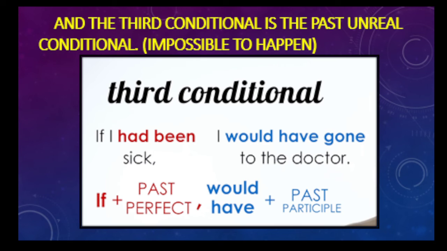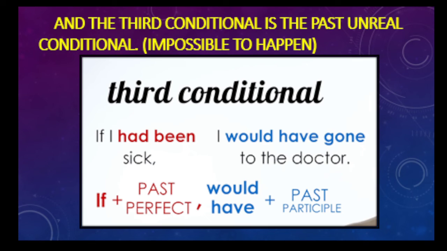Earlier, the zero conditional really happens because it's a fact. The first conditional has a possibility to happen in the future. The second conditional still has a possibility to happen, although it's not what's happening now. Okay? This third conditional is not true, it's not happening now, and it's also impossible to happen. Okay? Later on, you will know why.